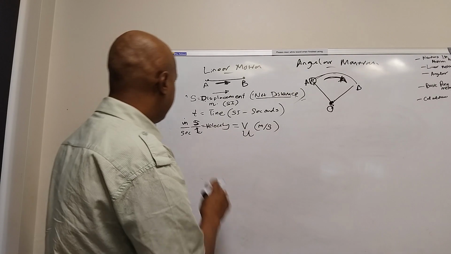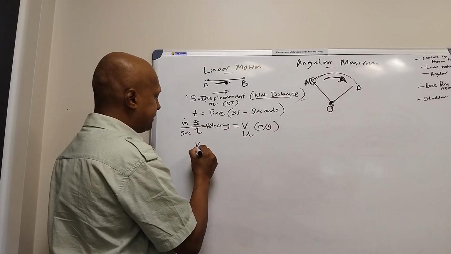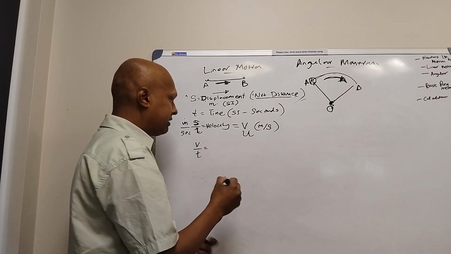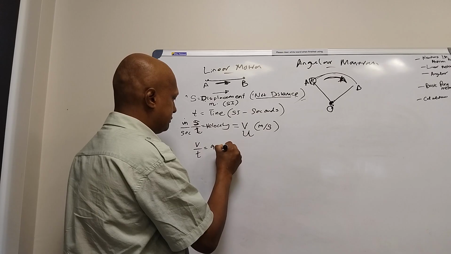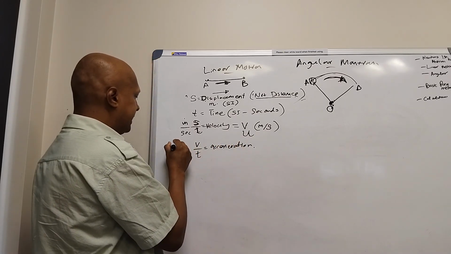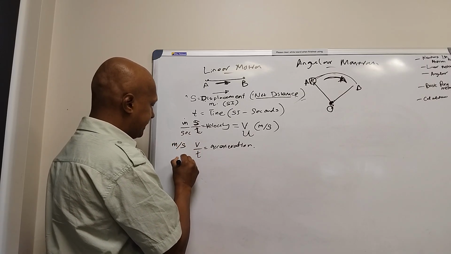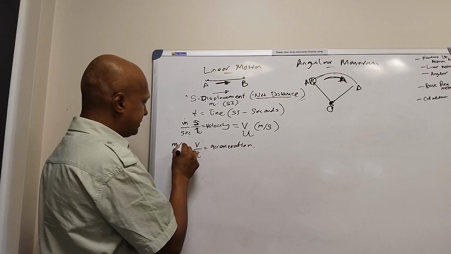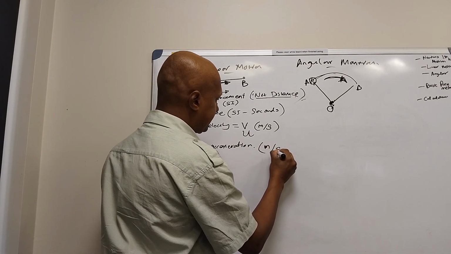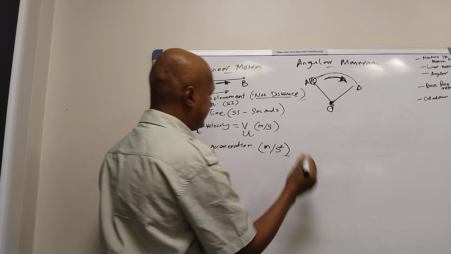Now if you divide V by T again, it becomes acceleration. V is meters per second, and this is seconds, so the unit is meters per second squared.